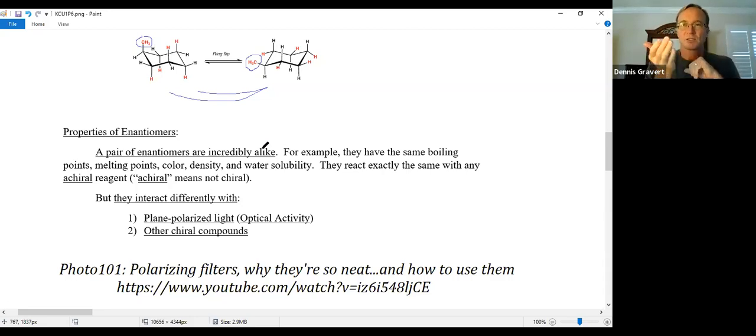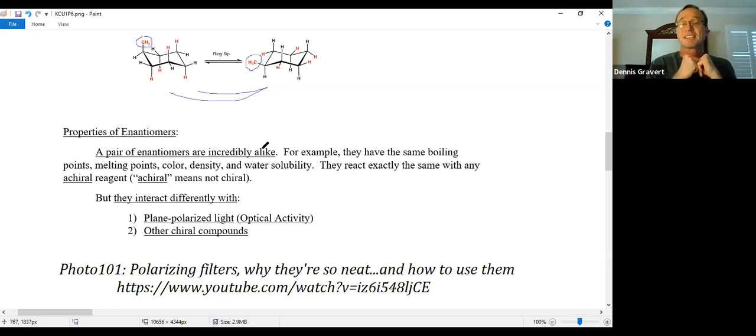I make the analogy in the classroom that if you stick out your right hand and shake my hand, that's the proper way to shake hands, right hand to right hand. It makes a good fit. But if you keep your right hand out, but I bring in my left, that's just awkward. You clearly can tell, hey, you're using the wrong hand. Give me the other enantiomer. Give me the proper hand.